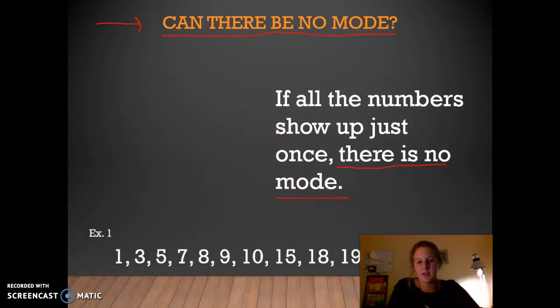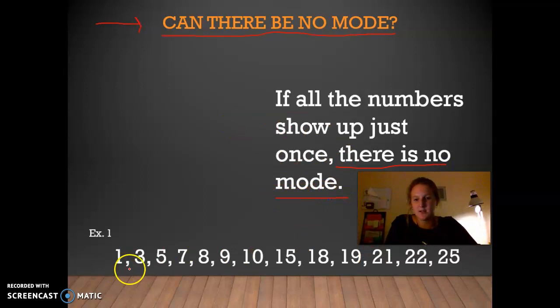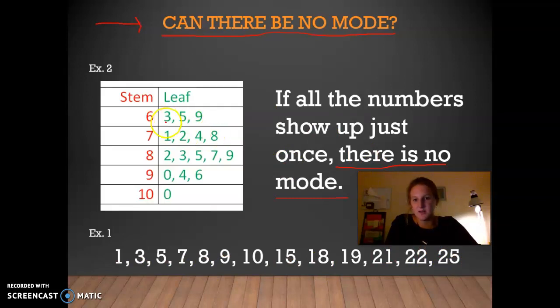An example could look like just a list of numbers where all of them show up once, so there's no mode here. Or like in this stem and leaf plot, for example, all the numbers show up once. There's no repeated leaves, at least with the same stem. So there's no mode. There can also be more than one mode if the numbers show up the same amount of times.